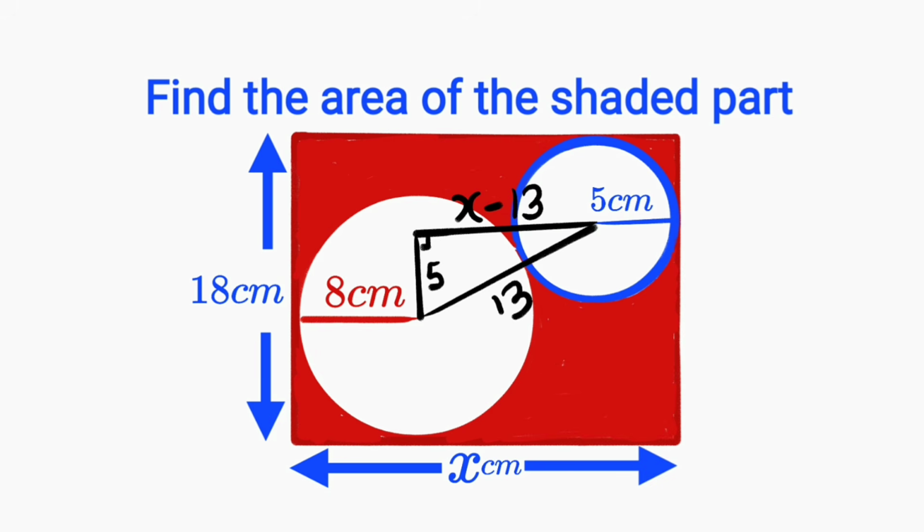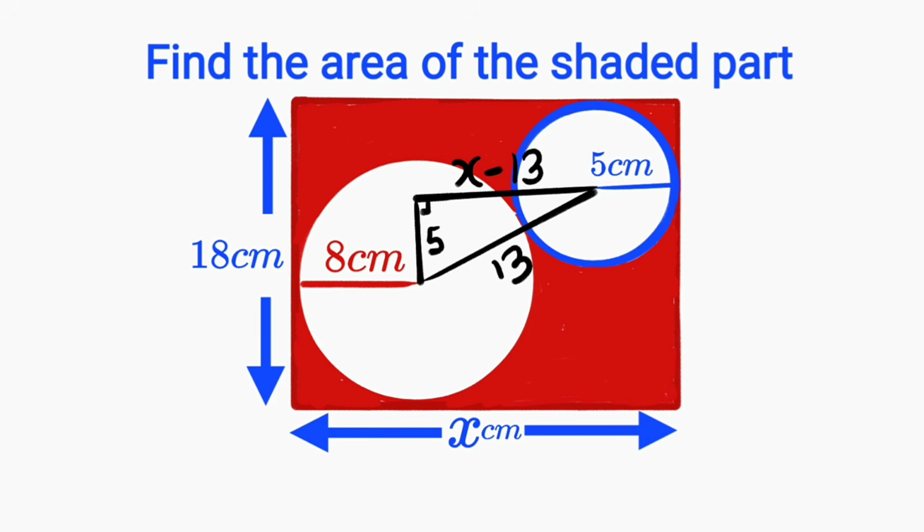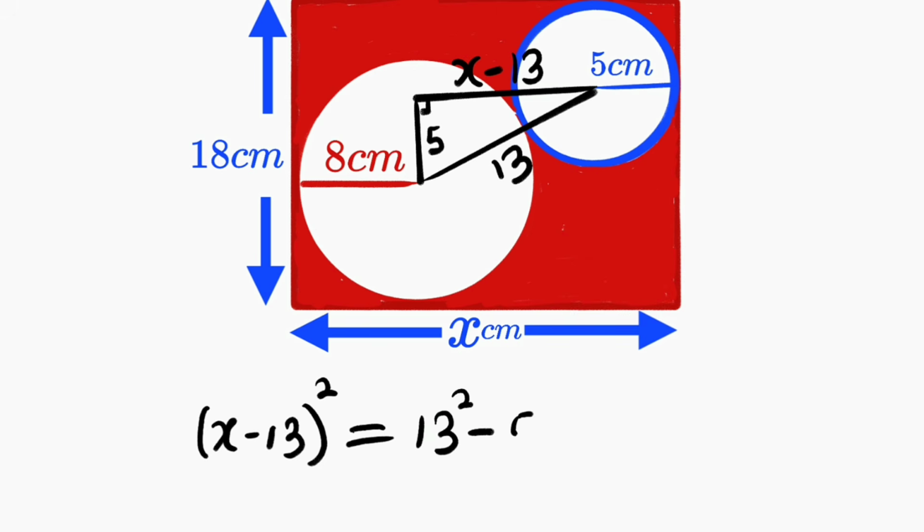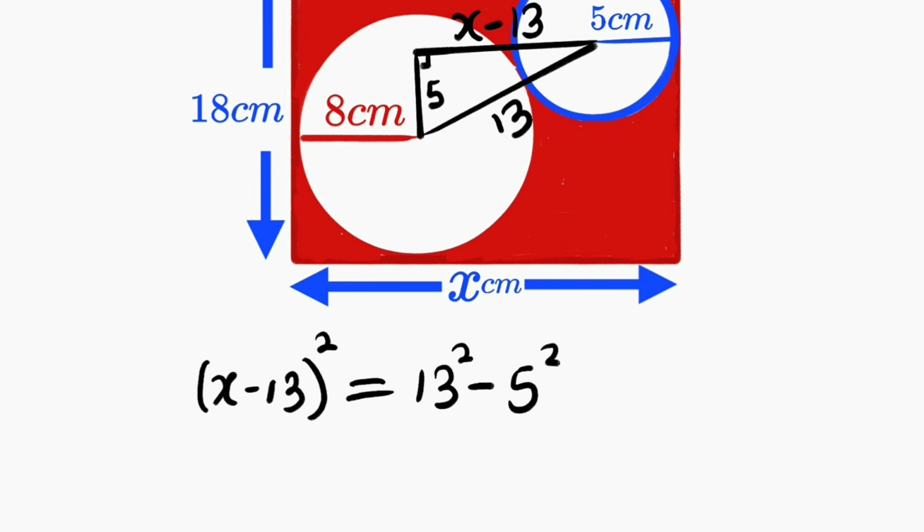Now we can apply Pythagoras rule in order to find the value of x. This implies that x minus 13 squared is equal to hypotenuse squared minus 5 squared, the other side squared. And this is going to be 169 minus 25, and this is equal to 144, right?